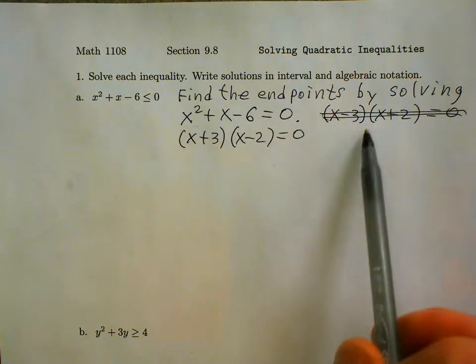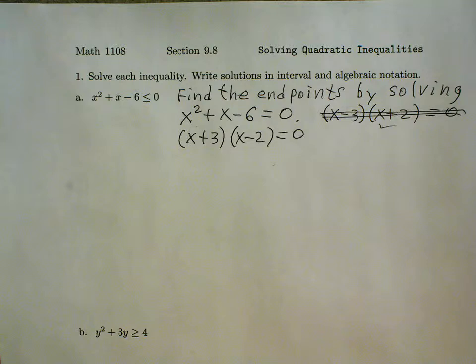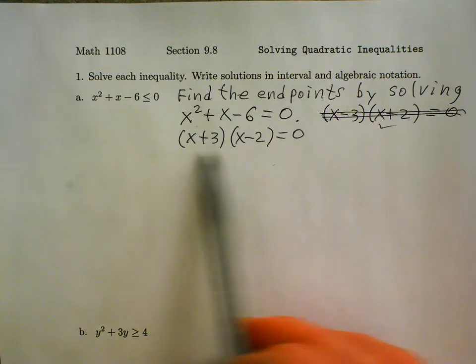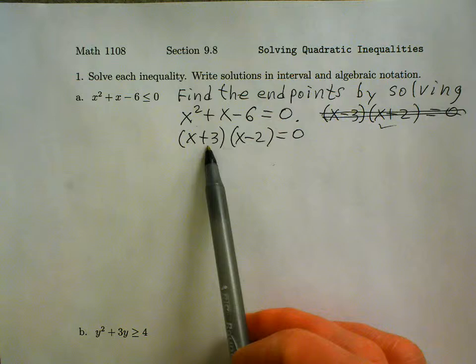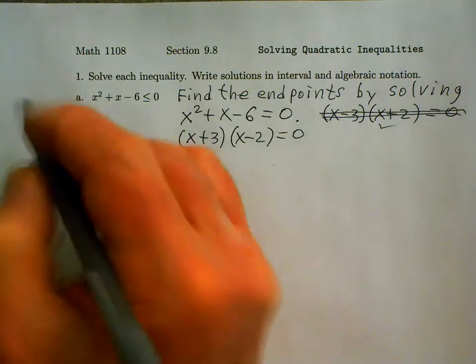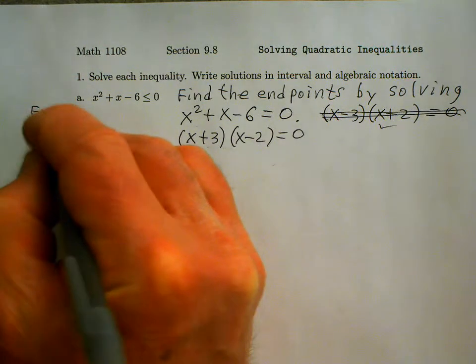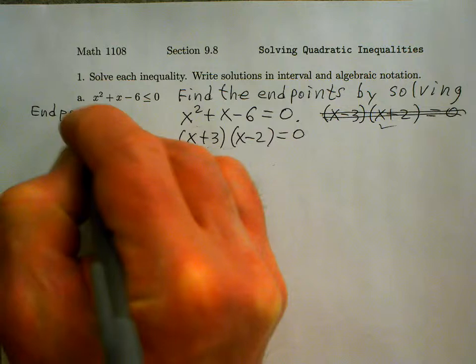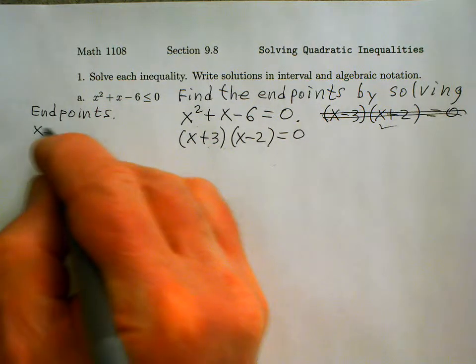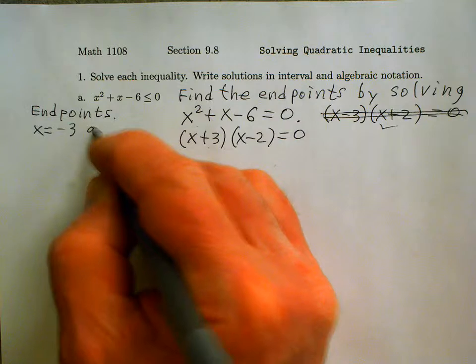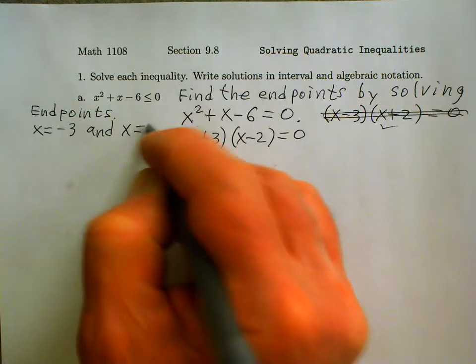So I was able to catch my mistake. Okay, the two solutions to this equation are negative 3 and positive 2. So the endpoints of the intervals are x equals negative 3 and x equals positive 2.